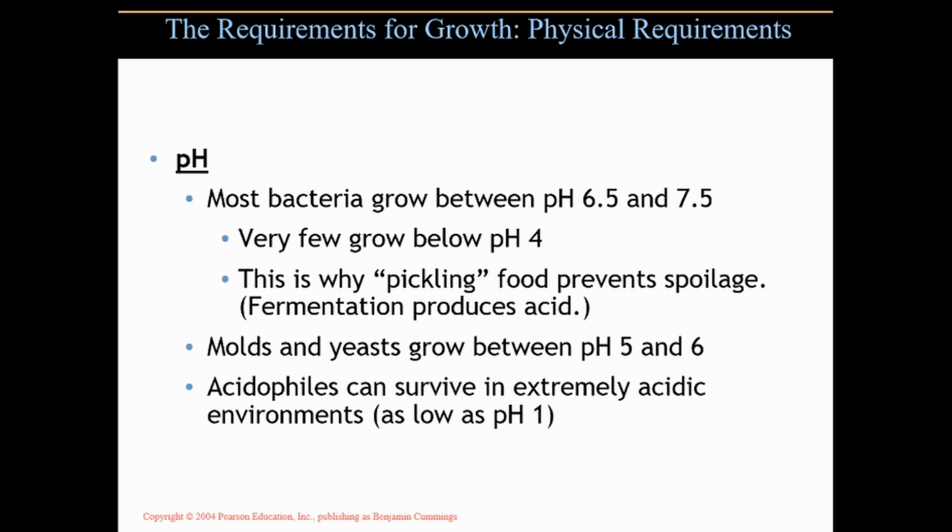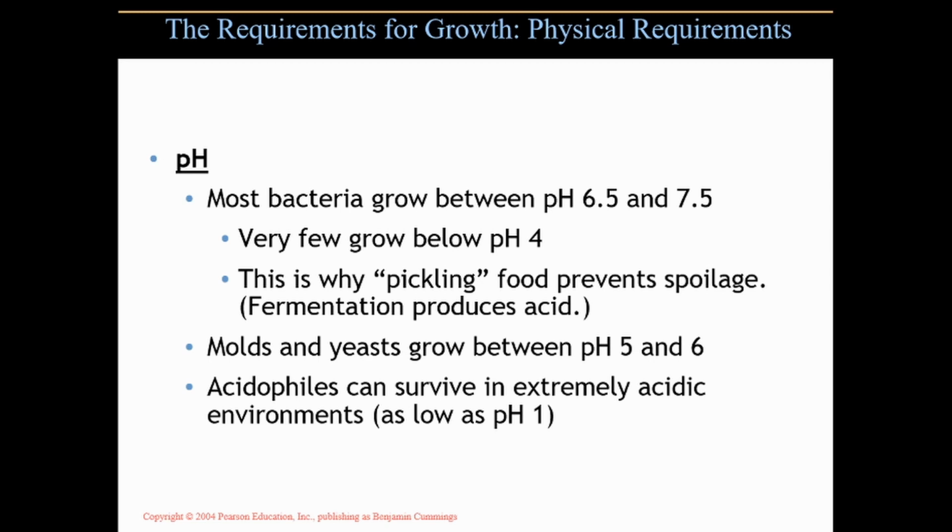The fermentation produces acid. So when we pickle foods, we put them in an environment in which bacteria will start producing lactic acid. And so we use particular species to do that, like lactobacilli species of bacteria that will convert the carbohydrates into lactic acid. That lowers the pH, and then that prevents the spoilage of food.